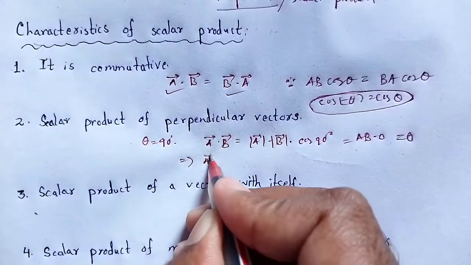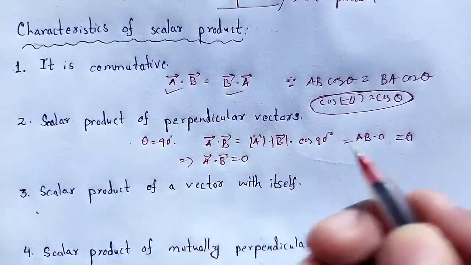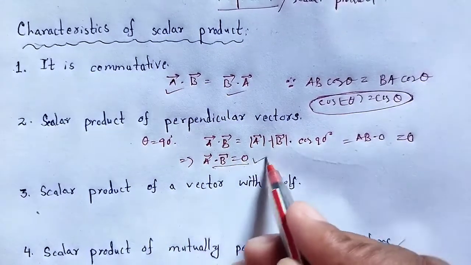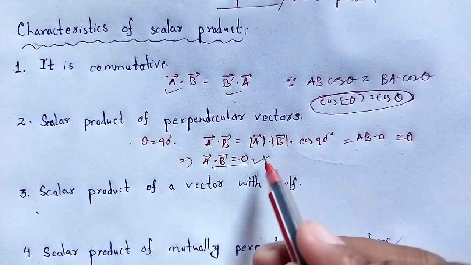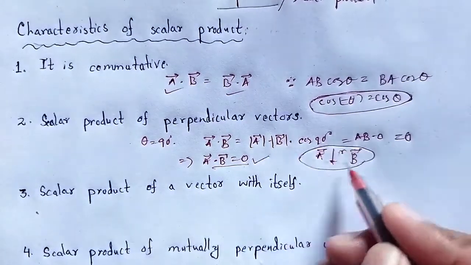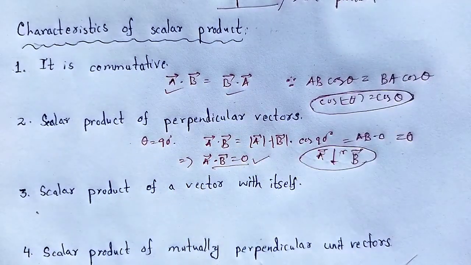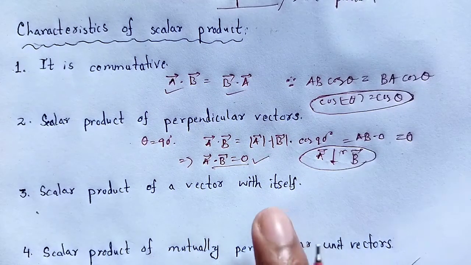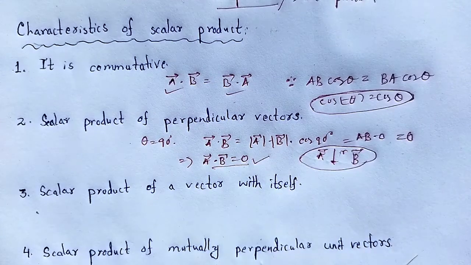If A dot B is equal to 0, then we say A vector is perpendicular to B vector. This is the scalar product of perpendicular vectors. When the dot product is 0, that means A dot B is equal to 0, then we can say A vector is perpendicular to B vector, or we can say these two vectors are orthogonal to each other.